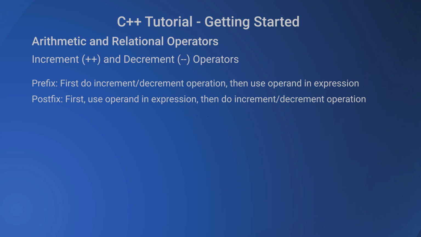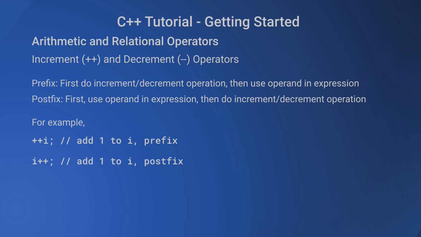In case of postfix usage, first the variable is used in the expression and then the increment or decrement operation is done. For example, ++i adds 1 to i, prefix. i++ adds 1 to i, postfix. In these cases, there is only one operand in the expression, so prefix and postfix have the same effect.